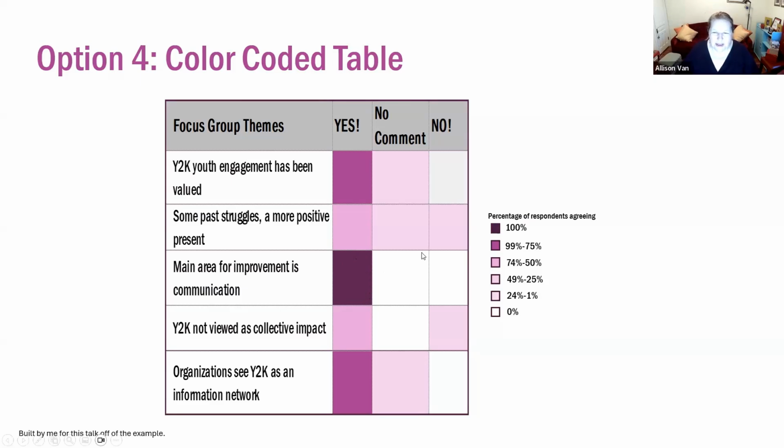It becomes really interesting to be able to use colors to say, okay, the main area for improvement, communication, is a theme that absolutely everybody agreed on. But for some past struggles and a more positive presence, you had 74 to 50% saying, yes, that's a real case, 24 to 1% saying, no, actually, I don't see that as an issue, and then again 1 to 24% saying no comment.